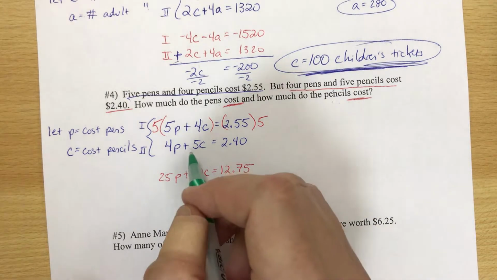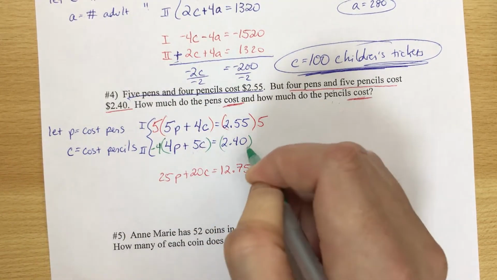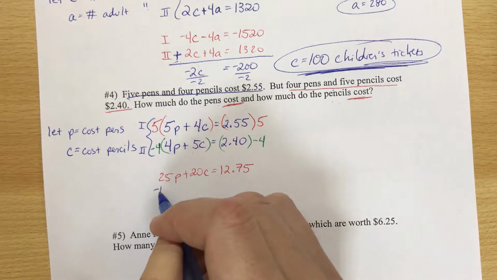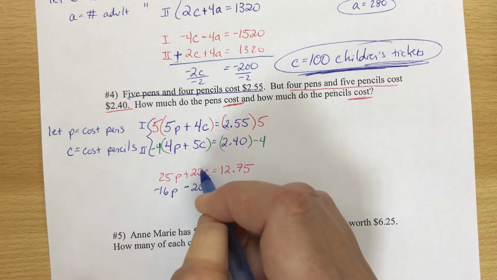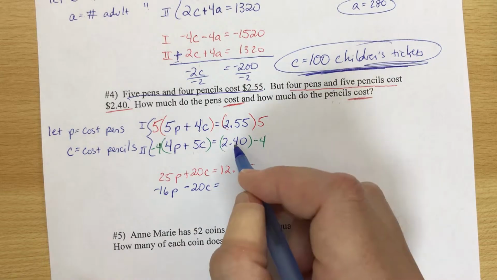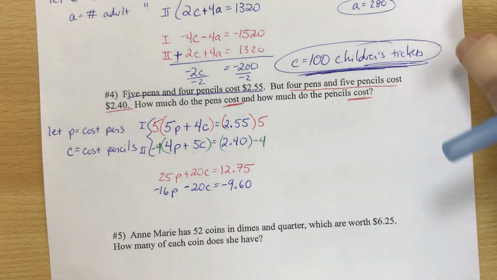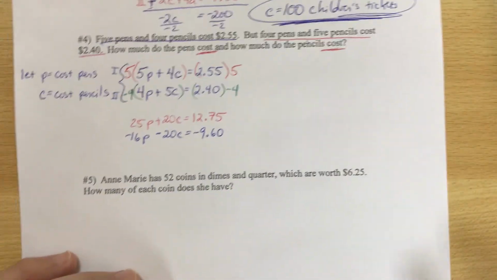So I multiply by negative 4. Distributing, that gives negative 16p minus 20c, there are the opposites, equals negative 960. Real quick, I just want to multiply 255 times 5 and make sure I did that correctly. I did, okay. That's fine.